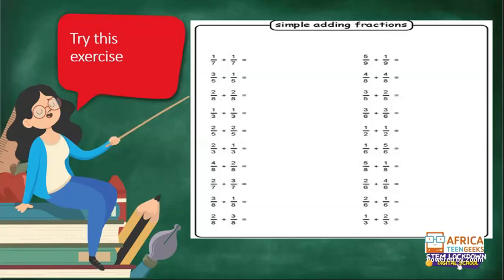All right, and we have 2 over 6 plus 1 over 6. 3 over 6, which equals 1 over 2. Thank you so much. The last one on this slide, 1 over 3 plus 2 over 3. It is 3 over 3, which equals 1.